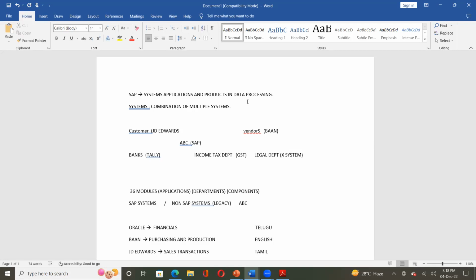Here all the systems have dependencies, whatever transactions we do with different organizations or different people, whatever departments are there, whatever transactions they are doing, and whatever products the organization is dealing. All the data should be processed and it should provide the accurate report. So that's the reason it is named Systems, Applications, and Products in data processing. Any questions?